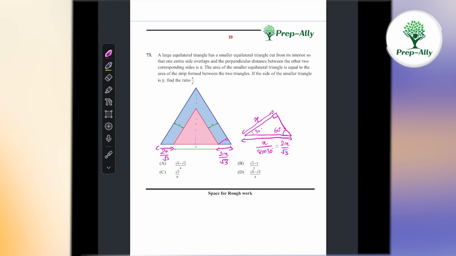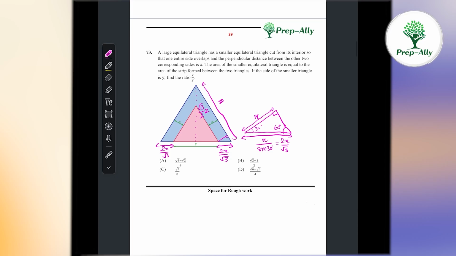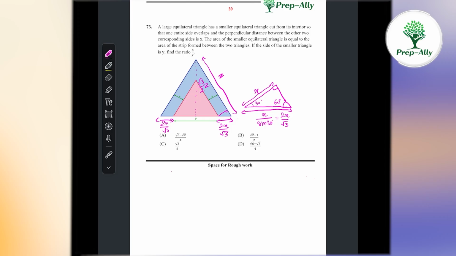And if we drop an altitude, if we take the side of the bigger equilateral triangle as z, we have this as root 3 by 2 z, right? And we know z, that is the side of the bigger equilateral triangle, equals 2x by root 3 plus y plus 2x by root 3, right?